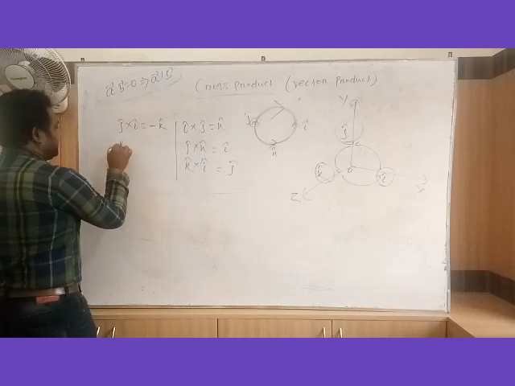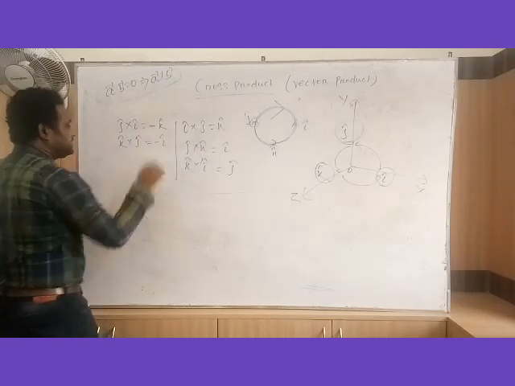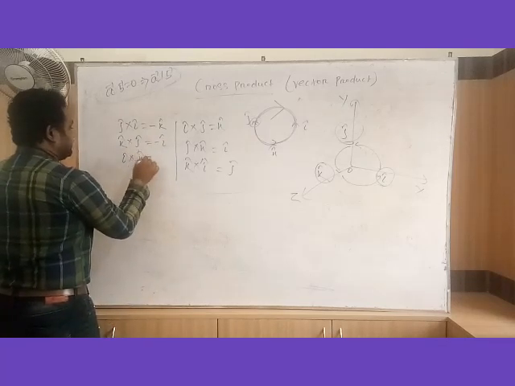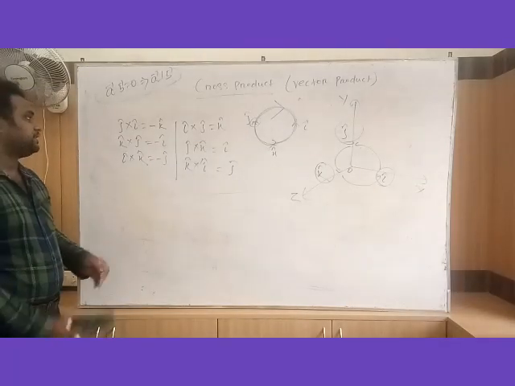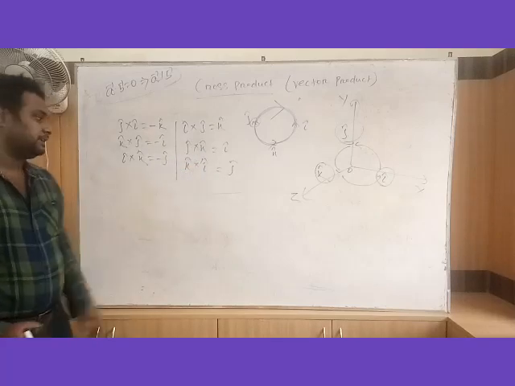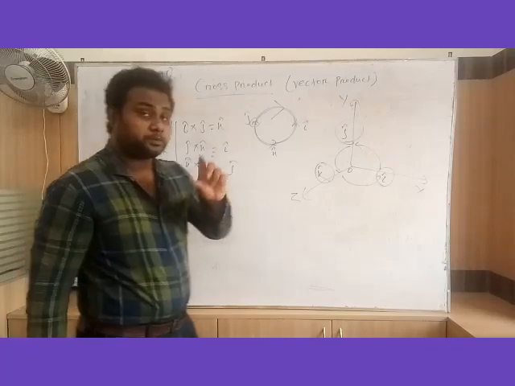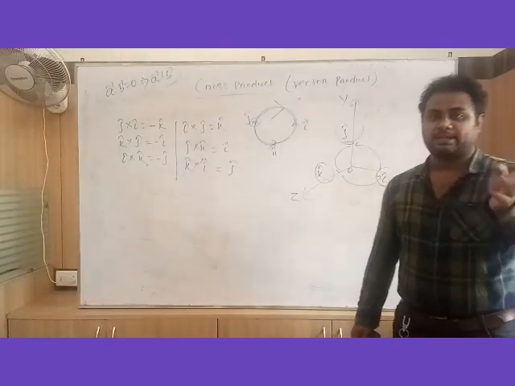Similarly, if you take k cross j, the value becomes minus i cap. If you take i cross k, the value becomes minus j cap. So now you are clear about i cross j, j cross k, k cross i. In dot product, the dot product of two same unit vectors becomes 1: i dot i equals 1, j dot j equals 1, k dot k equals 1.